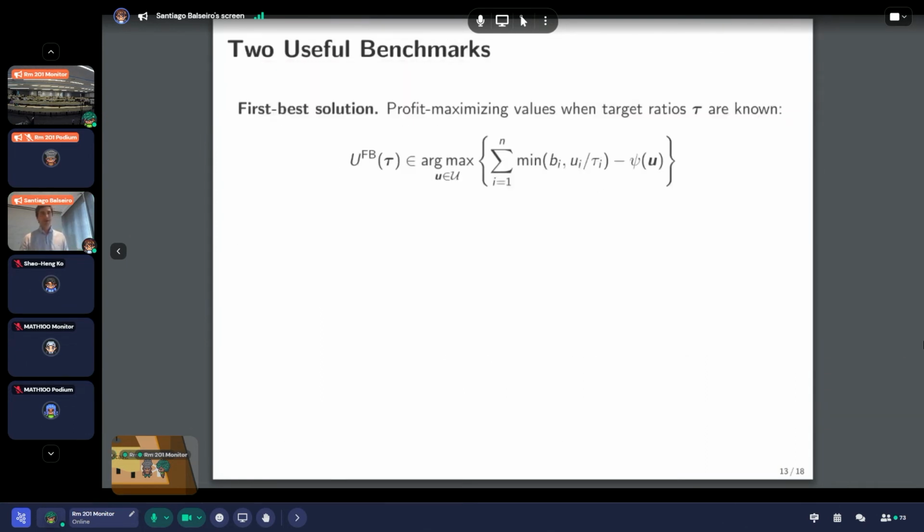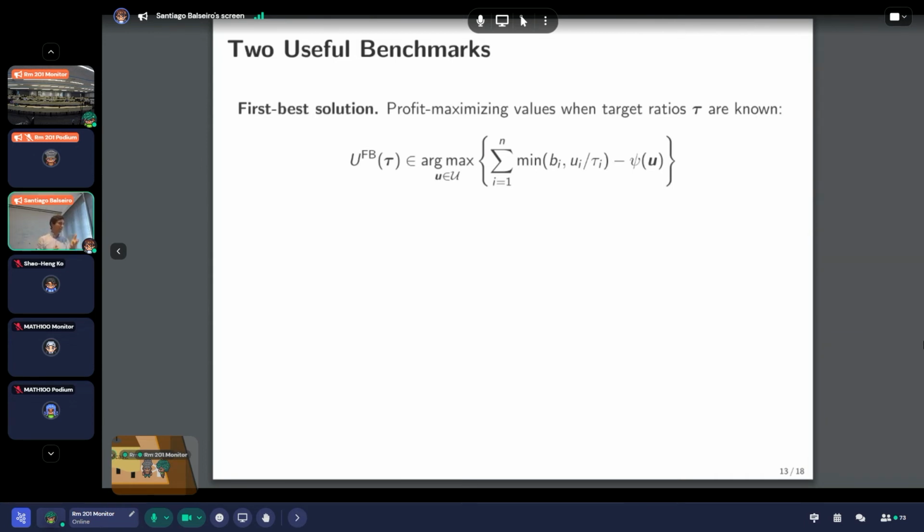Good. Now, two useful benchmarks before I discuss our solution. One is the first best solution, that is the profit maximizing solution when the target ratios are known, when there's no prior information. If there's no prior information, then we don't have the IC constraint, and we're just picking for each target the optimal allocation because the problem just decomposes.